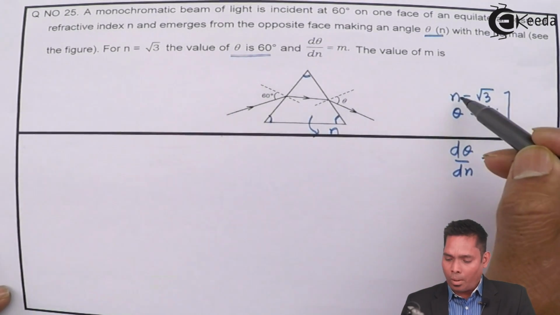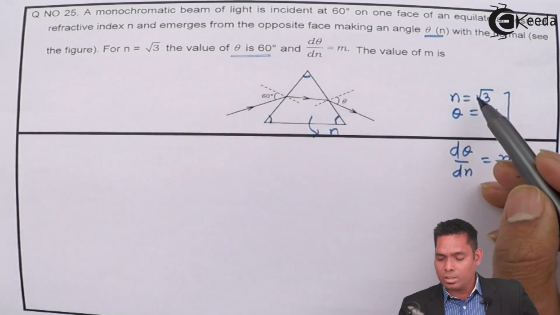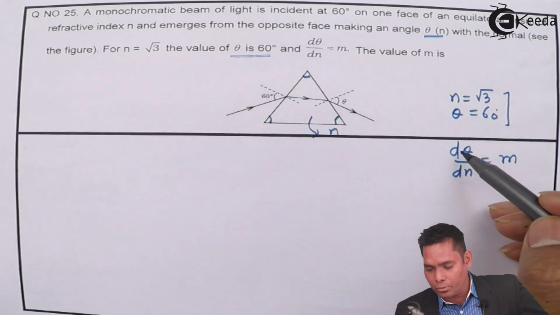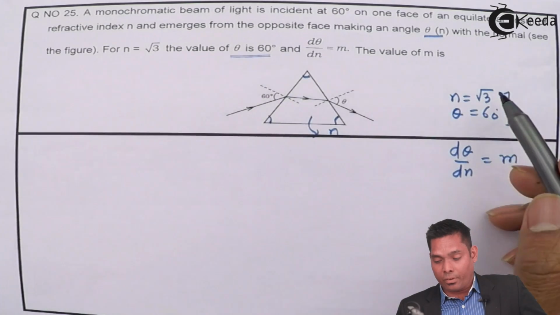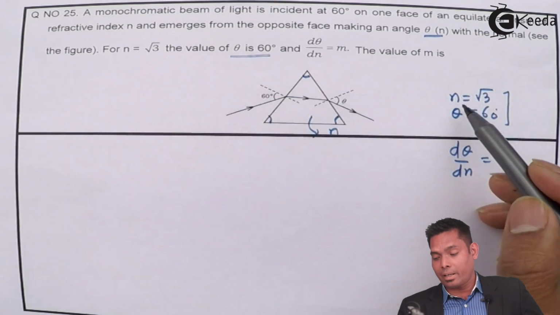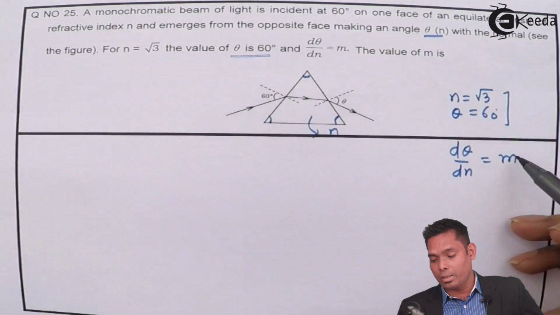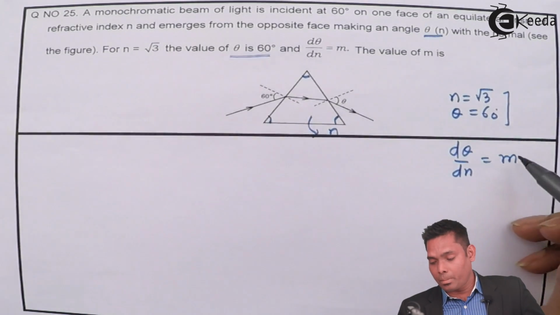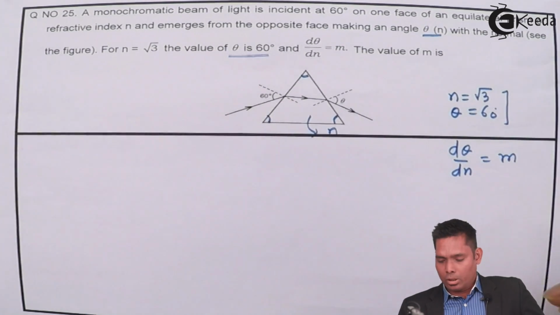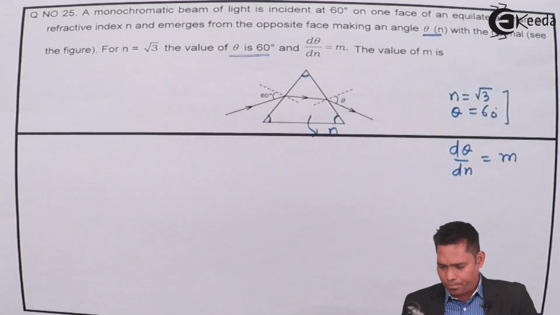So we have to find d theta upon dn as a function of n and theta, then substitute these two values and we will get a number, and that number is your answer. So how do we proceed?